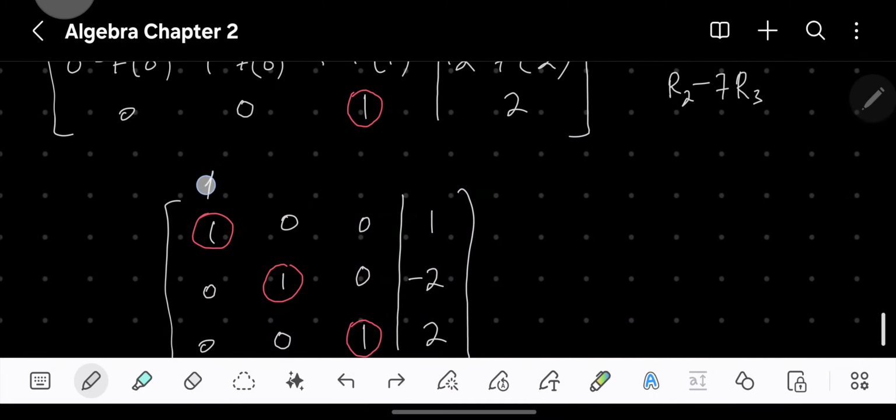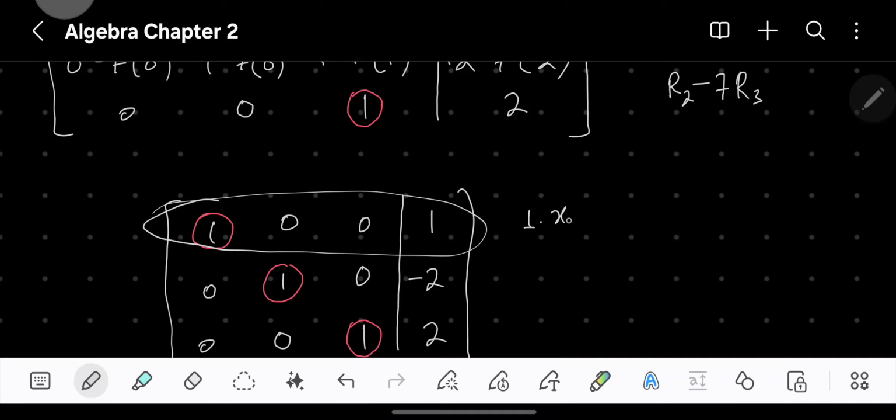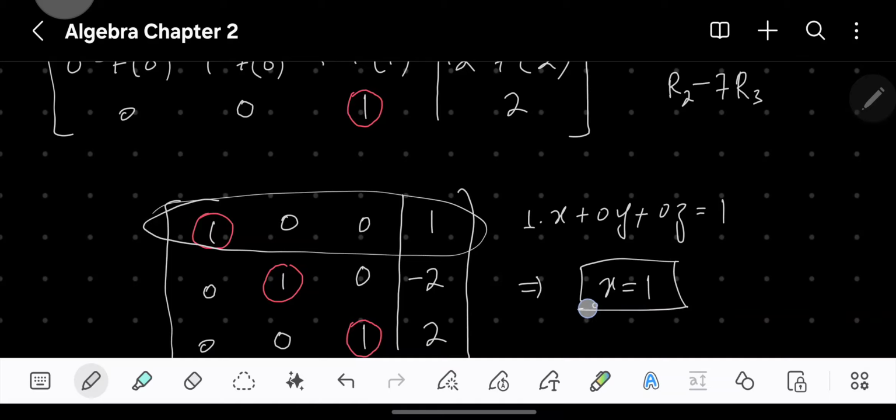This column refers to x, this column refers to y, this column refers to z. From the first row, 1 times x plus 0 times y plus 0 times z is equal to 1, meaning x is equal to 1.